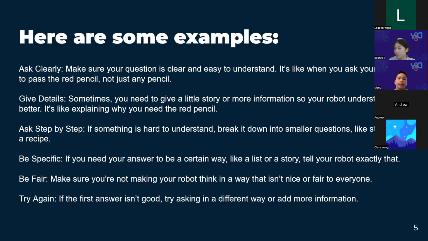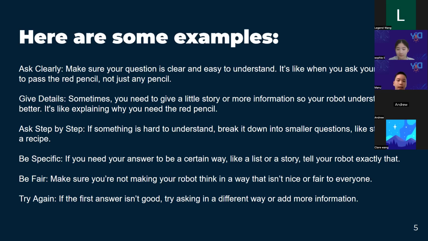First, ask clearly. Make sure your question is clear and easy to understand. It's like when you ask your friend to pass you a red pencil, not just any pencil. Give details. Sometimes you'll need to give a little more story or information so your robot understands better. It's like explaining why you need the red pencil. Ask step by step. If something is hard to understand, break it down into smaller questions, like steps in a recipe.